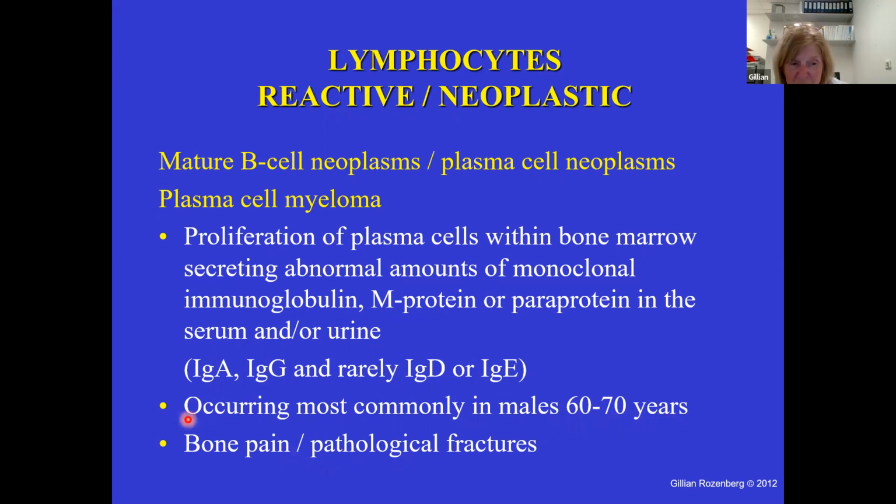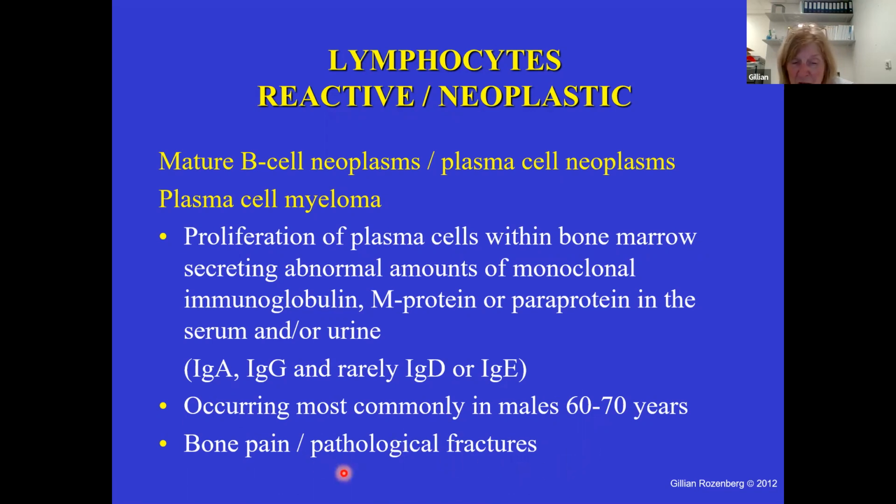And one of the classical features that they get is bone pain. Sometimes they present with pathological fractures. So when I see an elderly male with perhaps a low hemoglobin and the history saying bone pain, I'm going to look very carefully for rouleau, because that's the classical feature that I see on the blood film.